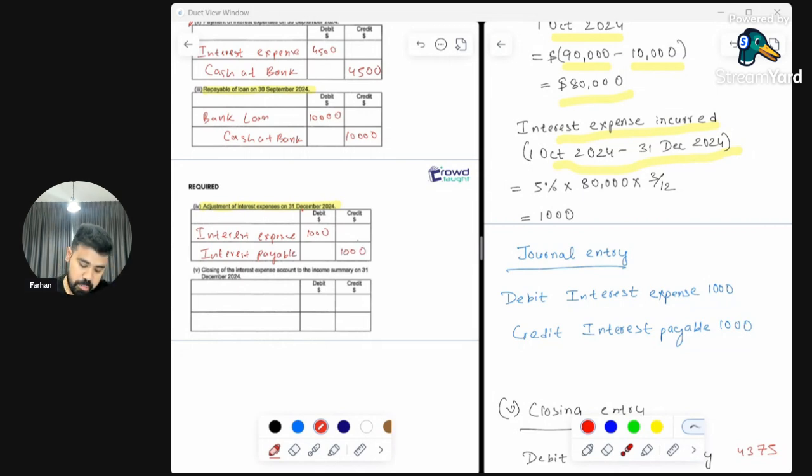All right. The last part of the question wants you to do the journal entry for the closing of the interest expense account to the income summary on 31 December 2024.